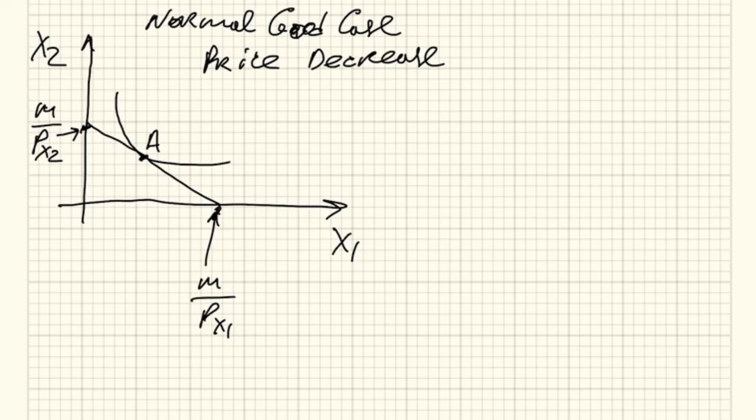Let's look at a price decrease of x1. If you are going to consider a price decrease, then the budget constraint shifts outward. Okay? And because it's a normal good case, you must end up somewhere in here.